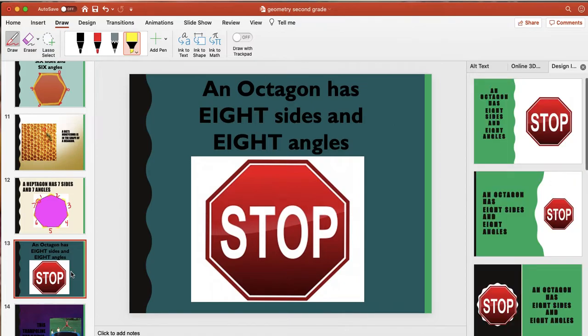Next one, an octagon, which I'm pretty sure we've all seen stop signs all around us. An octagon has 8 sides and 8 angles. So we have 1, 2, 3, 4, 5, 6, 7, and 8. So 8 sides and 8 angles for an octagon.